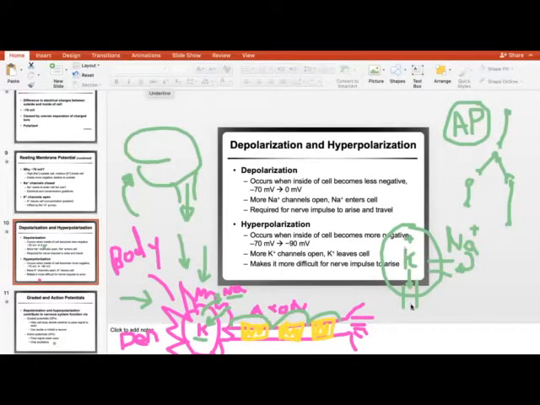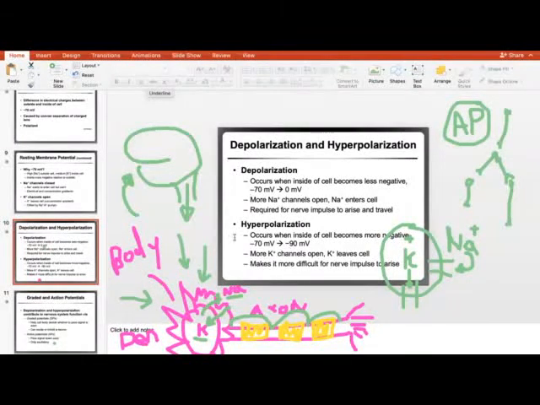Now, when you have a hyperpolarization, it's much more difficult for a nerve impulse to actually propagate down the axon. And that's going to affect your neuromuscular firing rate. It might actually make it so that that neuron isn't able to be innervated by an action potential 100% of the time.